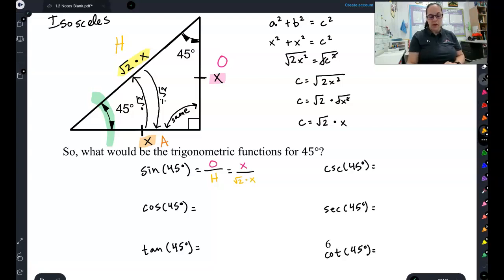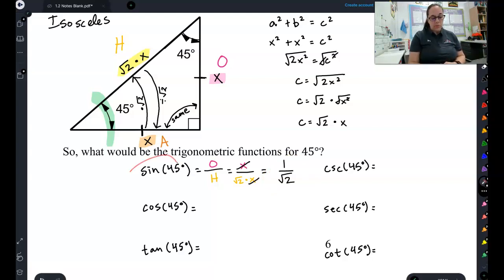That's the length of my hypotenuse. And you'll notice my x's cancel, and I get 1 over square root of 2, which is left. So that means the sine value for every 45-degree angle, doesn't matter how big or small the triangle is, will be this fraction because of that similar triangle idea.